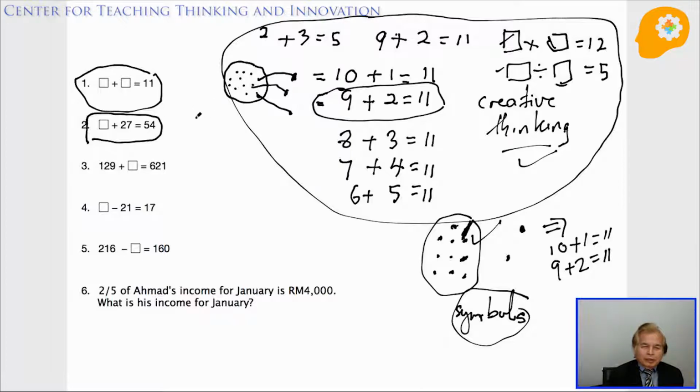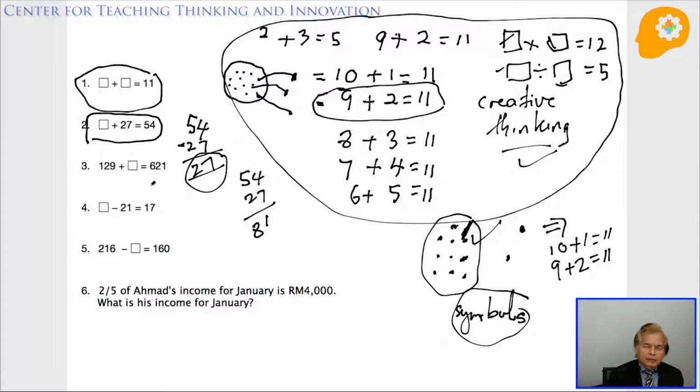Ask your son whether to minus or plus. If they minus, let them calculate, and then you get 27 there. If they say plus, okay, 54 plus 27, let them get the solution there, 81.